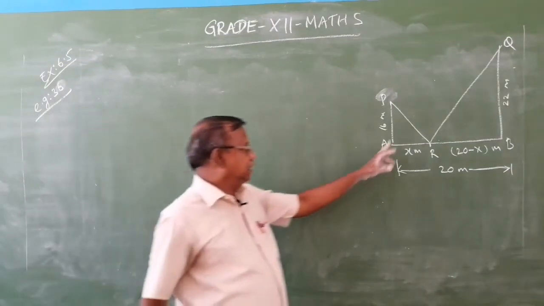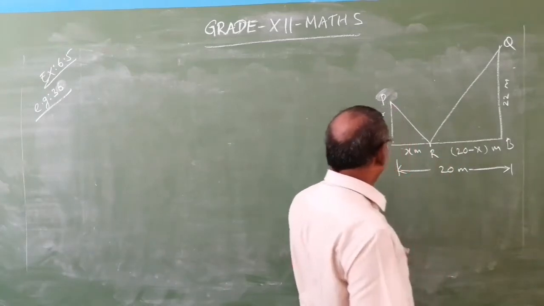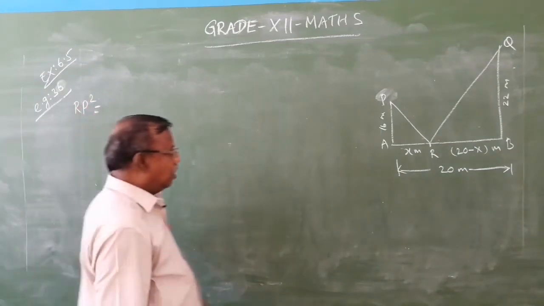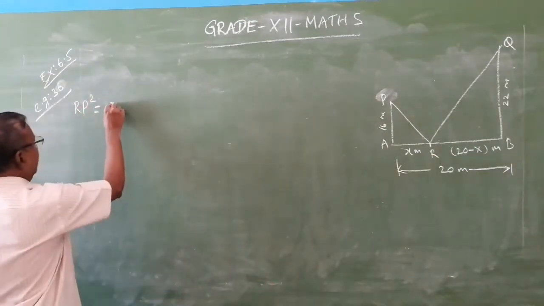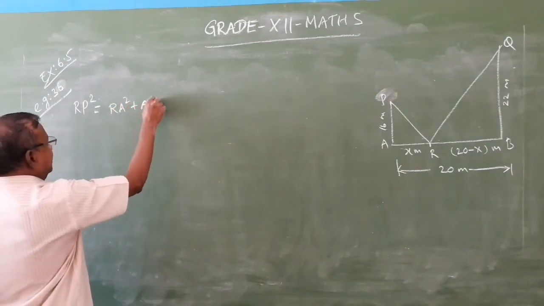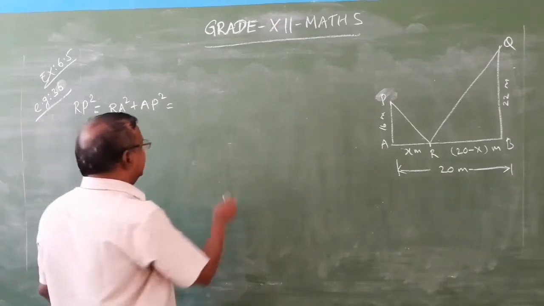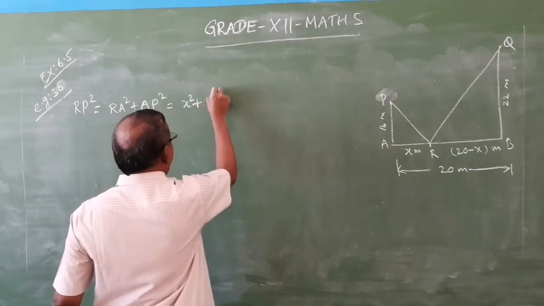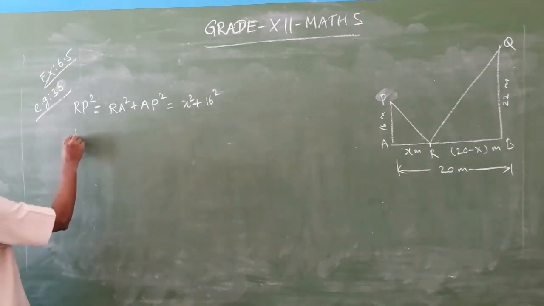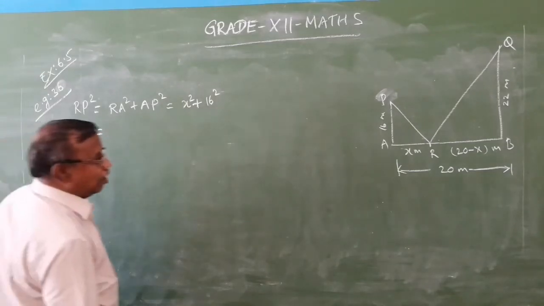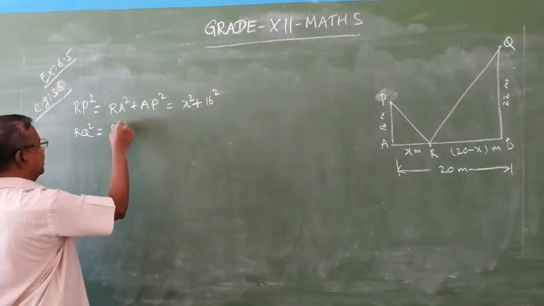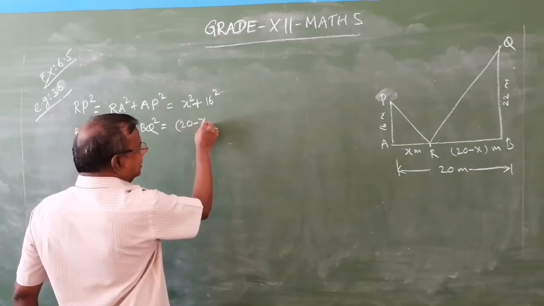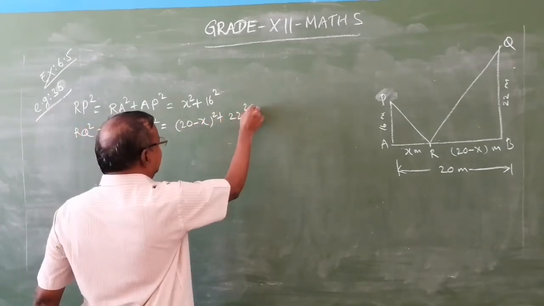From the triangles, clearly these two are right angle triangles. So RP square equal to RA square plus AP square, that is equal to x square plus 16 square, and RQ square equal to RB square plus BQ square, that is (20 minus x) the whole square plus 22 square.